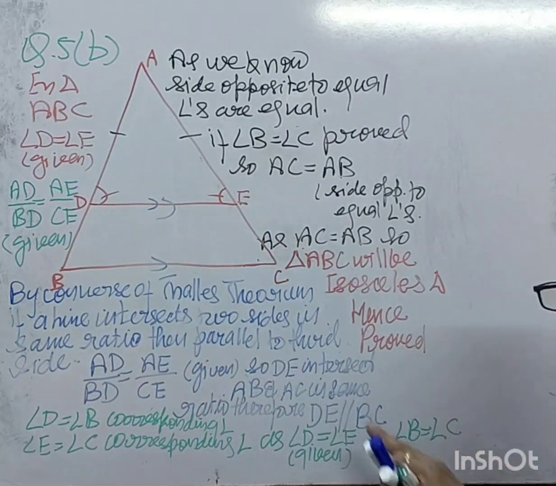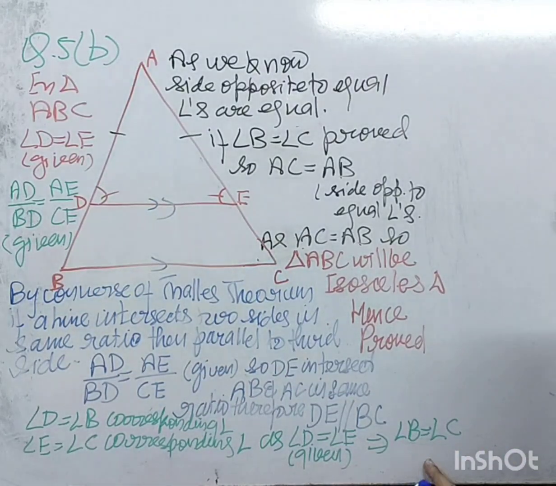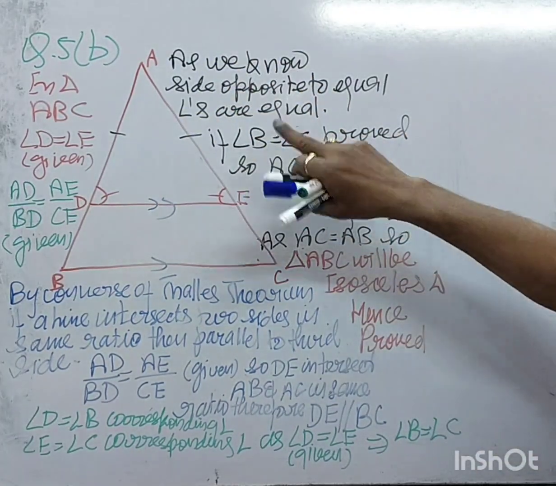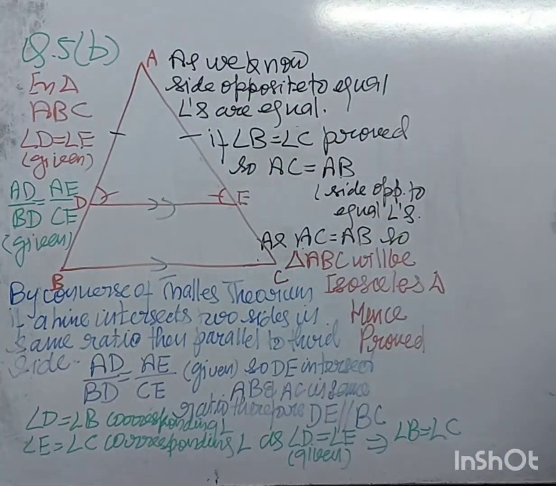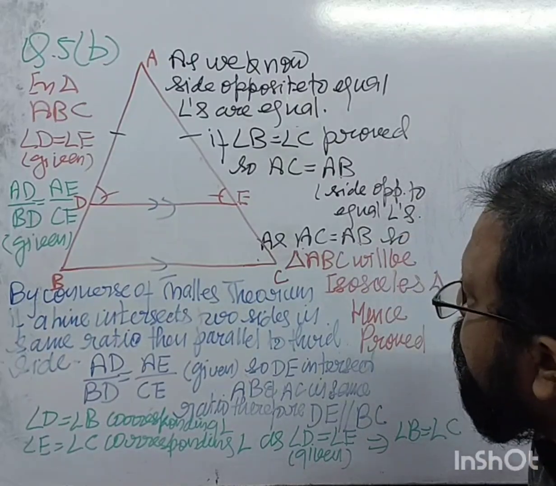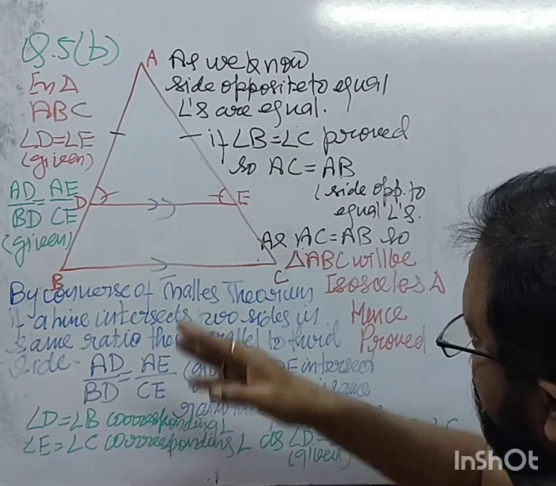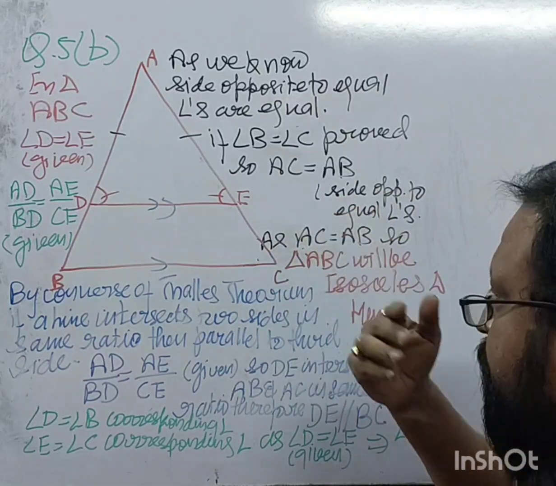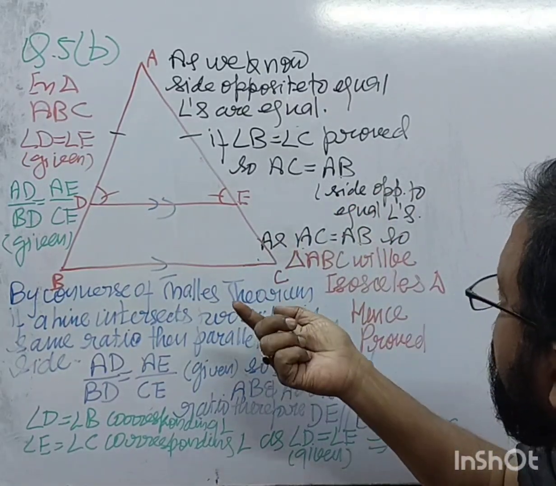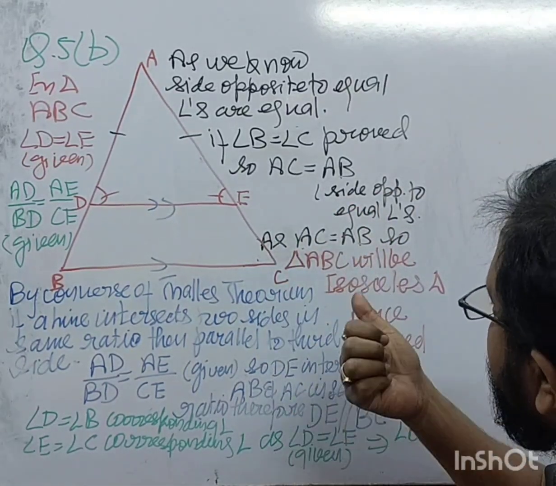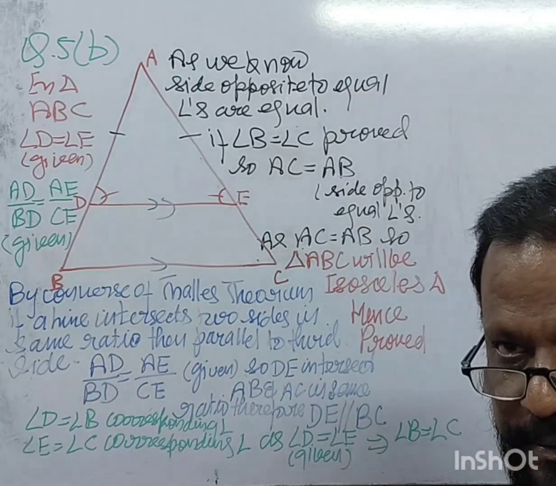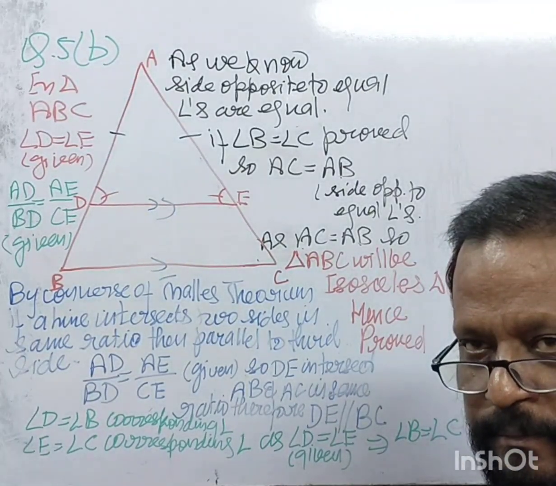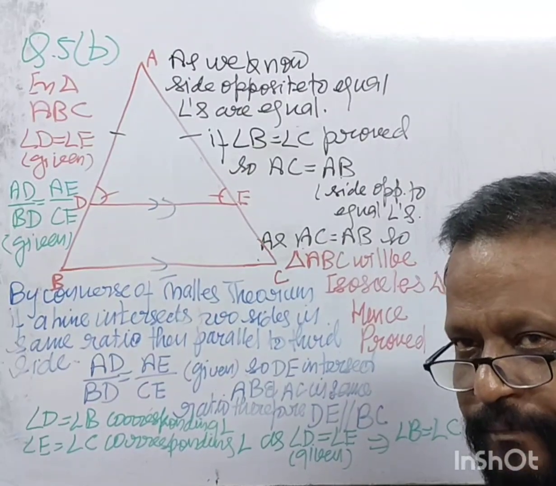So angle B is equal to angle C. And when angle B is equal to angle C, by the theorem that sides opposite to equal angles are equal, the sides opposite to angle B and angle C are AC and AB, so AC and AB will be equal, so triangle ABC will be isosceles because one pair of sides is equal.